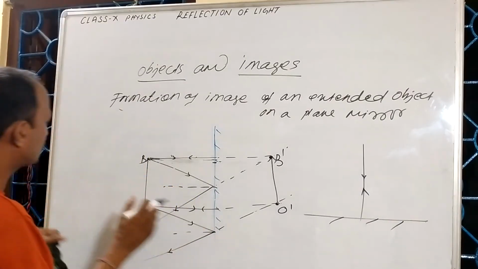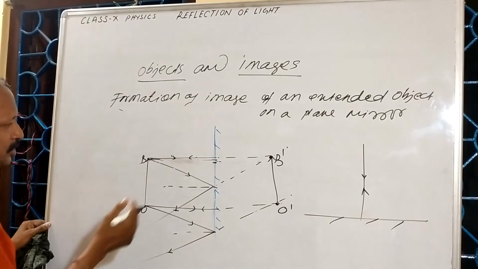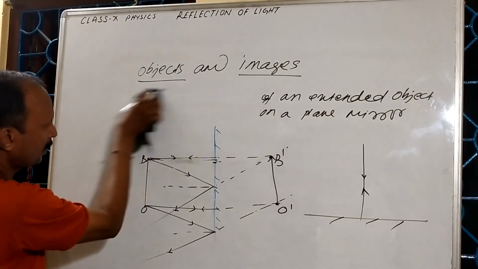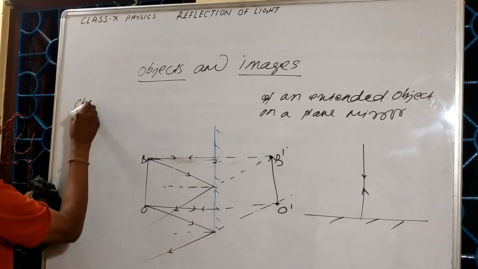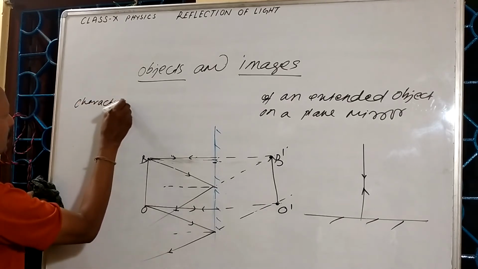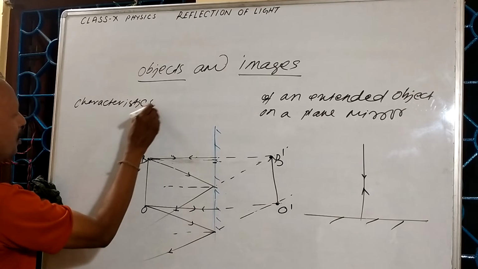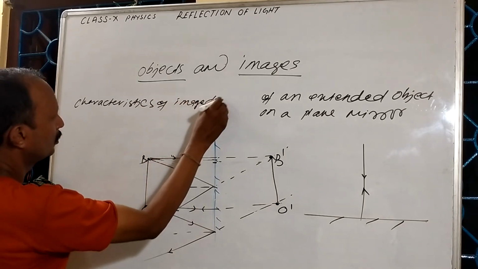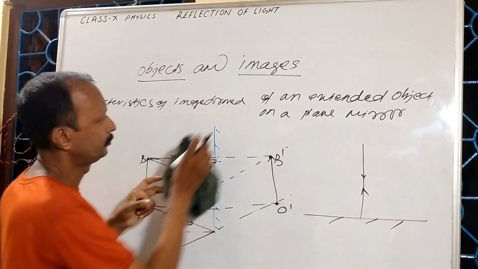So here are the characteristics of the image formed in a plane mirror. What are the characteristics?